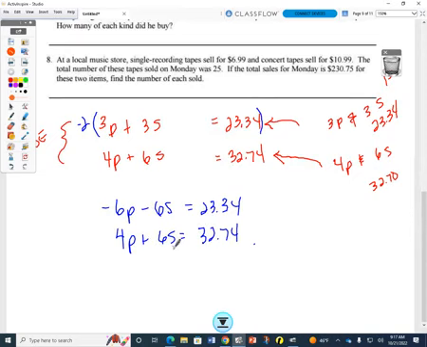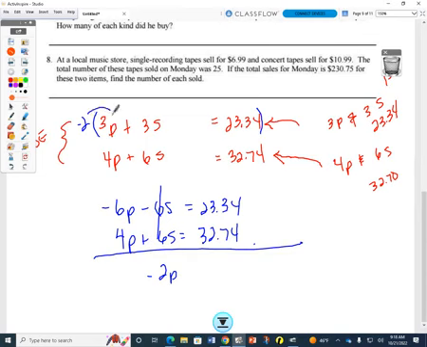All right, so 4 times the price of a pizza plus 6 times the price of a bottle of soda equals $32.74. So now when we add those up, those go away. What did I do wrong? Pause. Everybody pause. What did I do wrong?